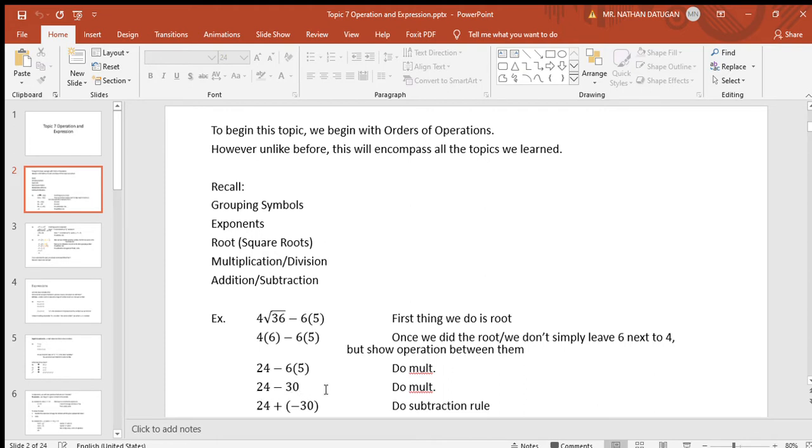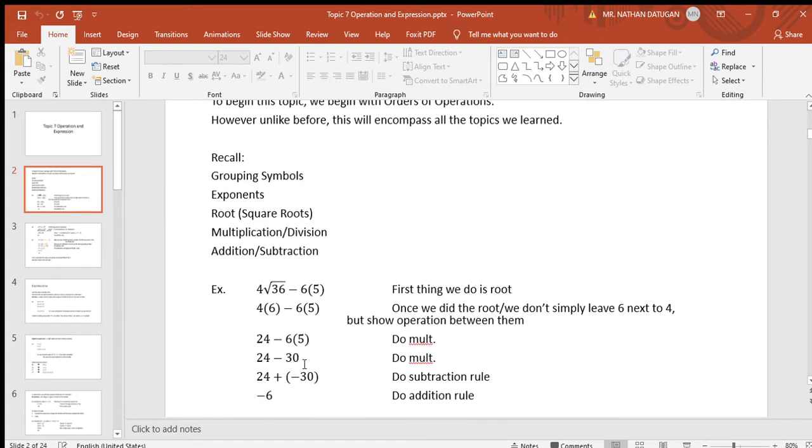So again, we're going to use the subtraction rule. The subtraction rule is going to change this minus to plus, and we're going to change 30 to negative 30. Now 24 plus negative 30, again, addition rule. What's the addition rule? Same signs or different signs?